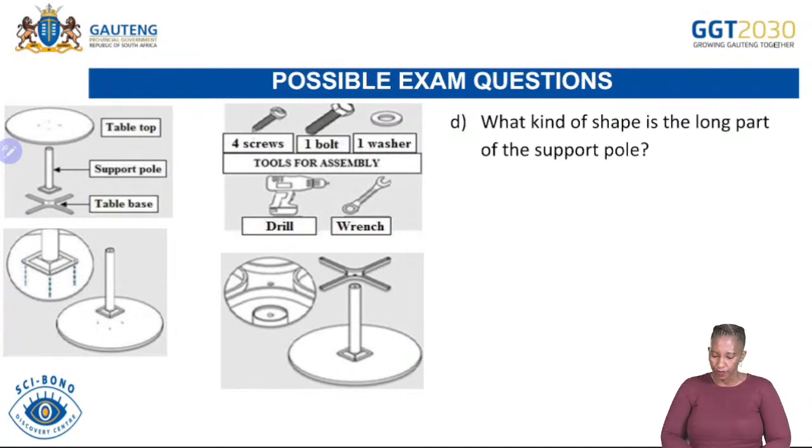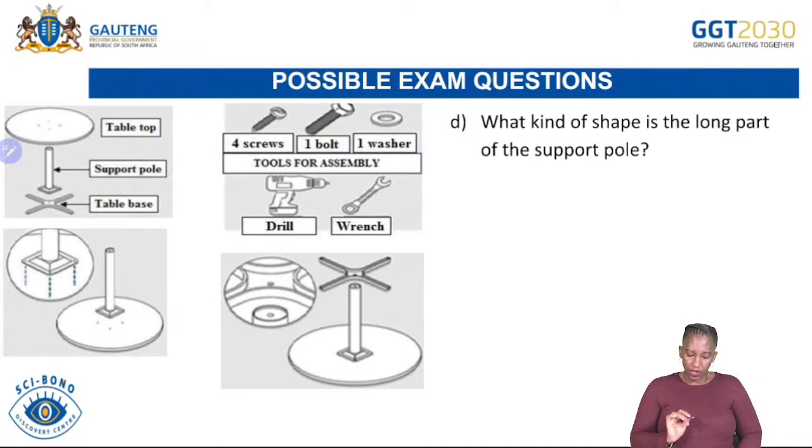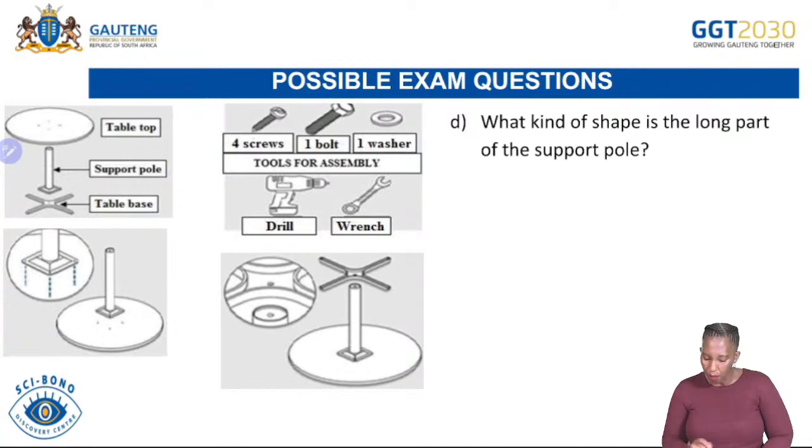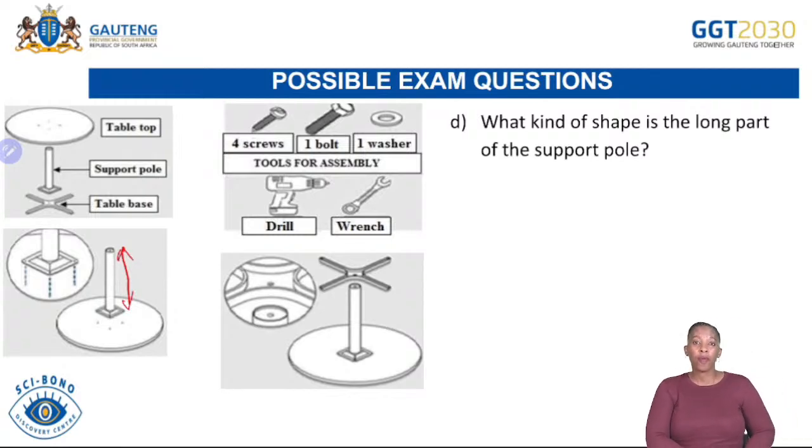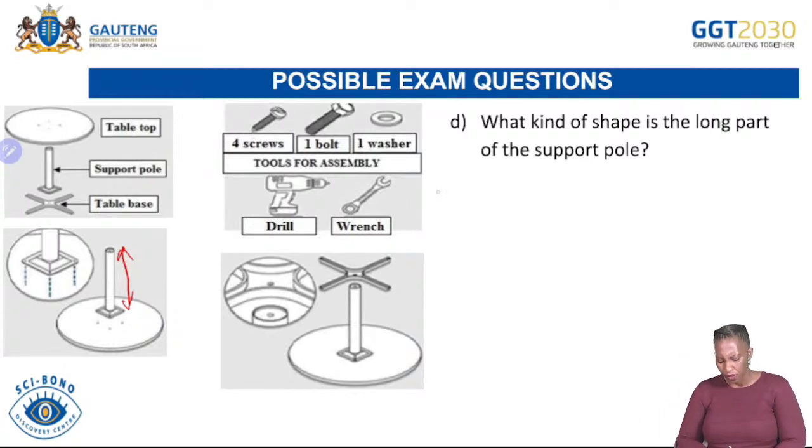The next question says, what kind of shape is the long part of the pole? This long part, what kind of shape is that one? I hope by now you know all the shapes, because we have done different shapes. So is it a square? Looking at this, I don't see a square. Is it a triangle? Remember now, these are the shapes that we have.